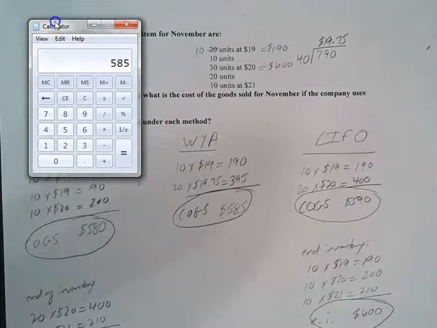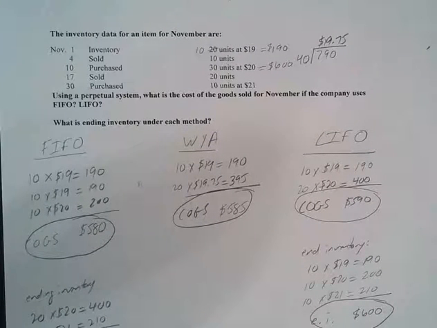Now notice, even though your textbook may tell you that we don't really use weighted average for a perpetual inventory system, that's to save you, because if you had a really long list of transactions, weighted average and perpetual inventory system can get very, very complicated. Especially if you're talking about selling one or two items at a time, it can get maddening.